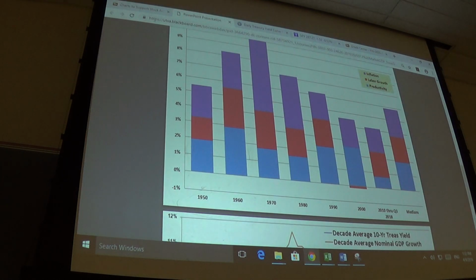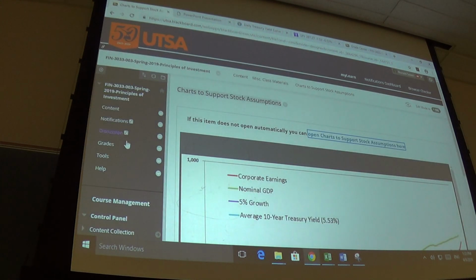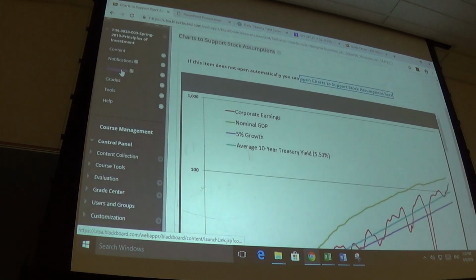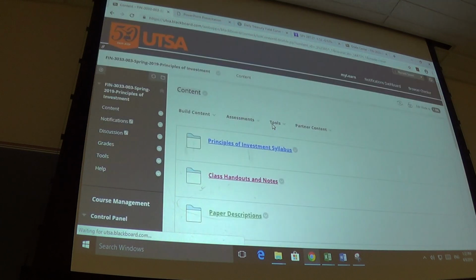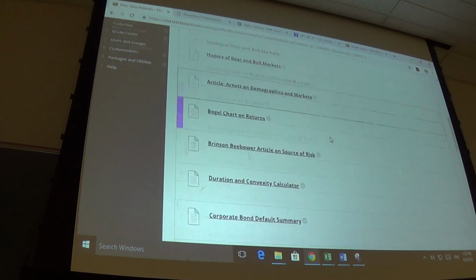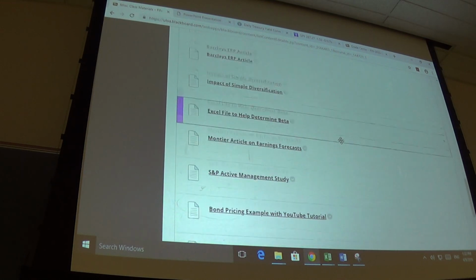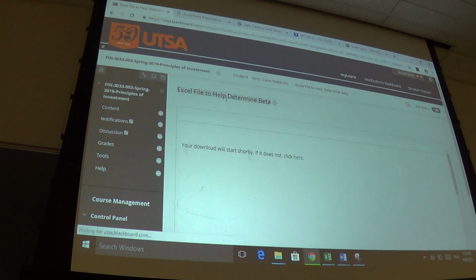Well, if you go into Blackboard, and you look under miscellaneous class materials, I have that file, just for the word beta, an Excel file to help determine beta.